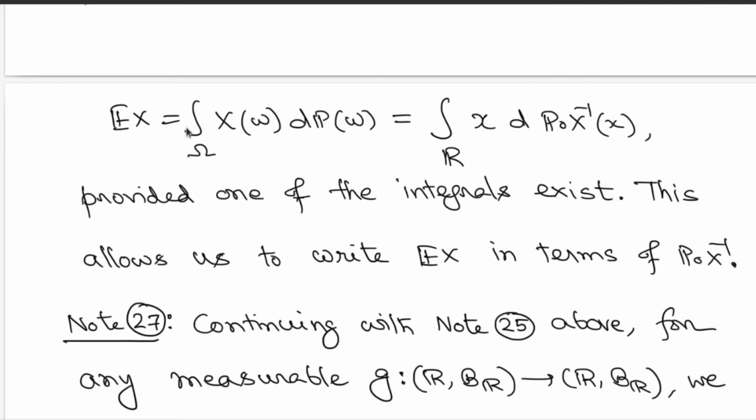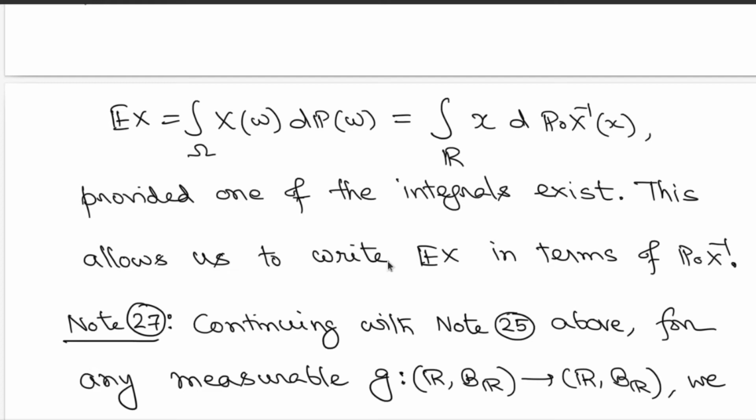So your original definition via the probability measure P on the domain side now gets transferred to the range side in terms of the law P∘X⁻¹, and this relation will hold provided one of the integrals exists, as per Theorem 3 above.